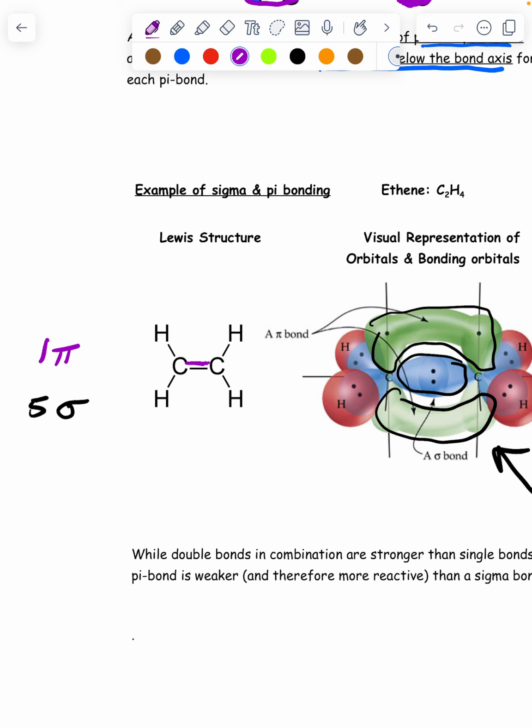If I were to draw instead something with a triple bond, like ethyne, then one of the bonds between the atoms is sigma, and so in this one there are 3 sigma bonds, and that leaves, there must be 2 pi bonds. So the extra bonds here are pi bonds.